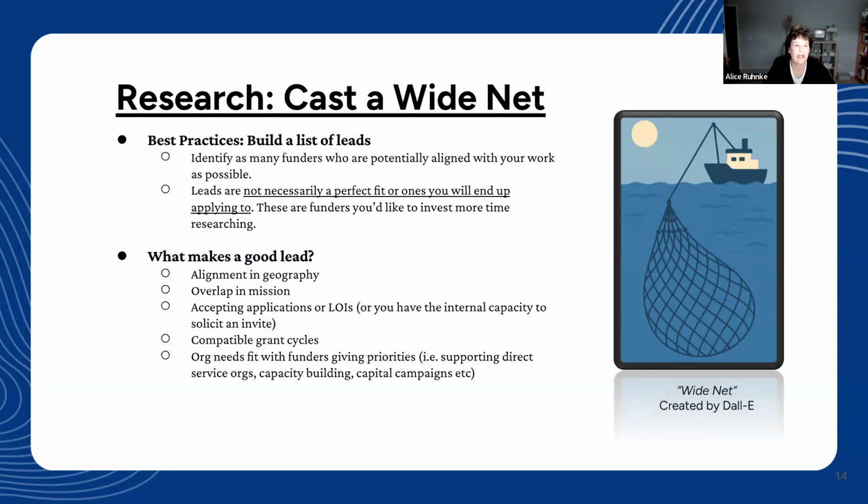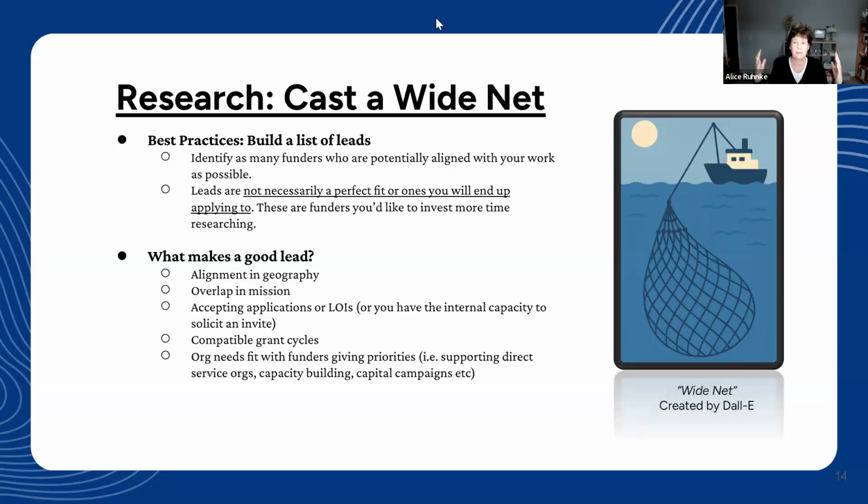And then also just looking at the different priorities. Some funders like to fund direct services. Some funders will support you in capital campaigns or acquisitions for land or something. So it's finding that overlap between what they like to give and what you need.